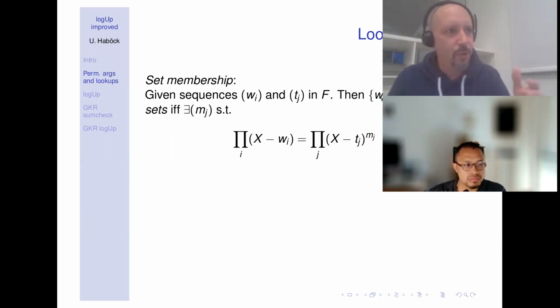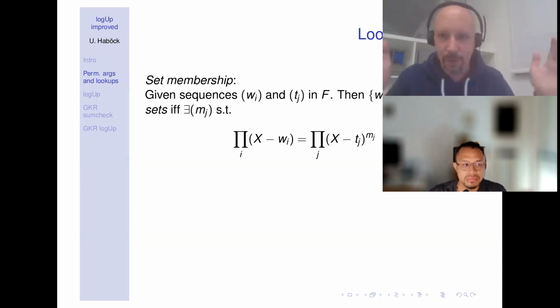And you want to show that each element of W_i is contained in the table. That means W_i might call a table element several times, whereas in the table it occurs only one time. In other words, I call this set membership.